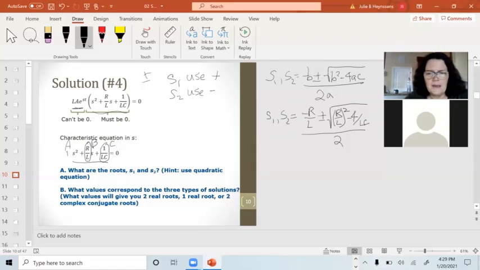Now we learned this in Algebra 1, Algebra 2 somewhere. There are 3 different types of solutions for this equation based on the relative value of R, L, and C. If R over L squared is greater than 4 over LC, you're going to get 2 real roots.